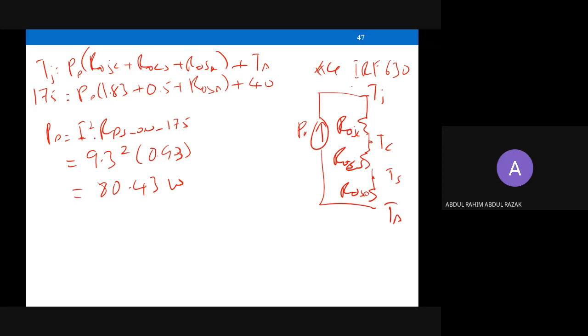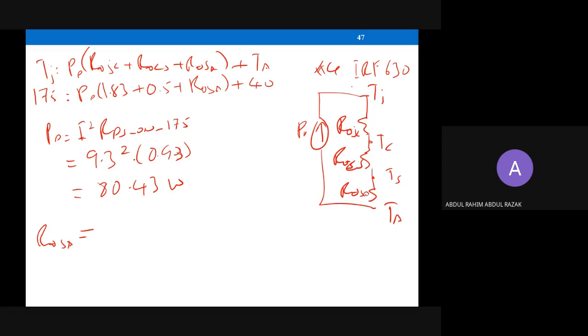Okay, put the values back inside the formula. So we will get our R thermal SA, which is 175 minus 40, divided by 60.43, minus 1.83, minus 0.5.